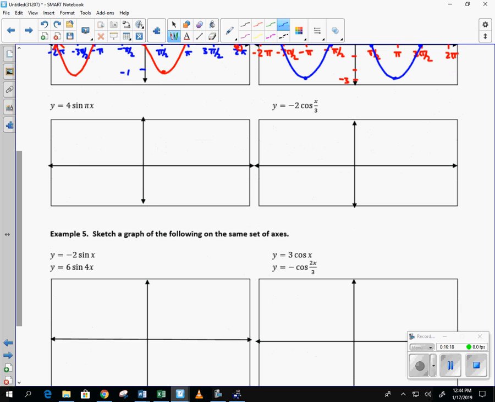I start by identifying the amplitude. You tell me, what is it? 4. Oh, wow, you do know what's going on. What is the next thing I do? What am I doing? It's the period. And the period, you came up with what, Emma? 2 pi over pi.